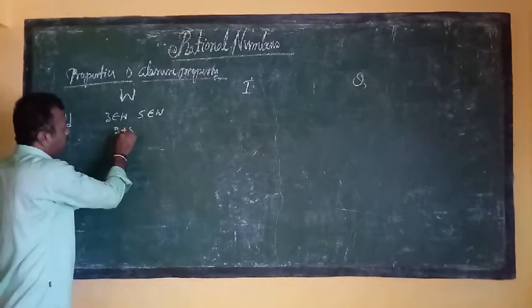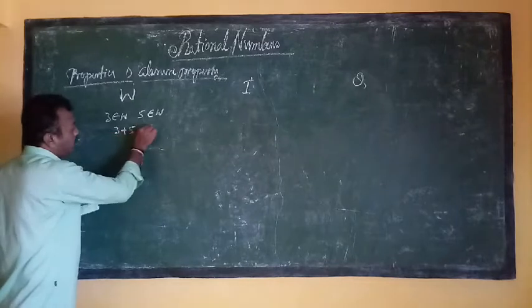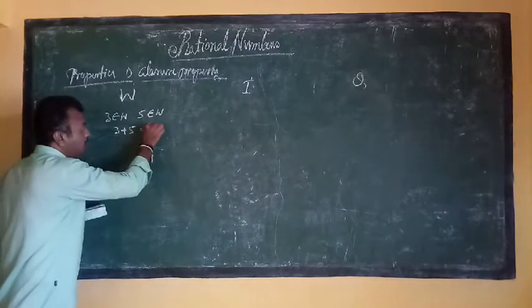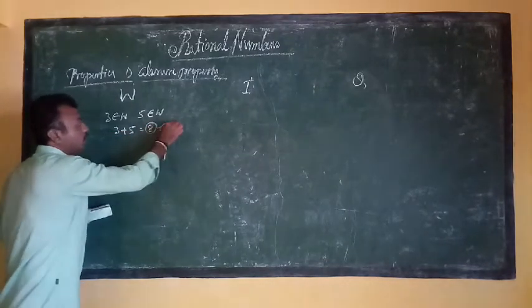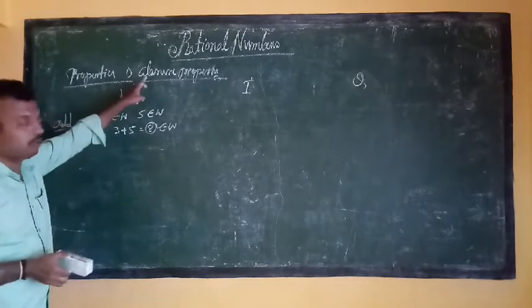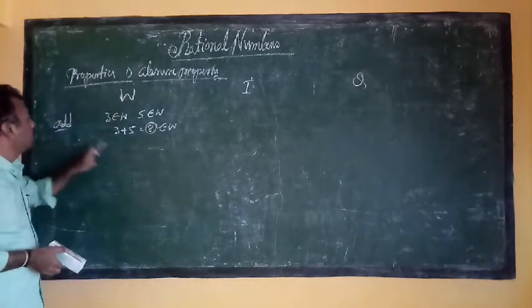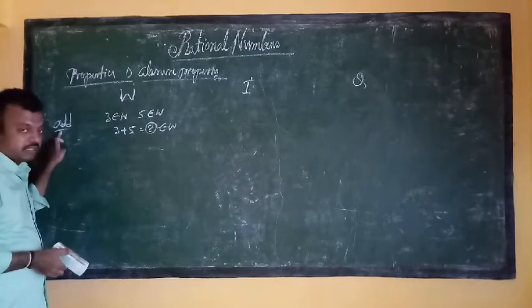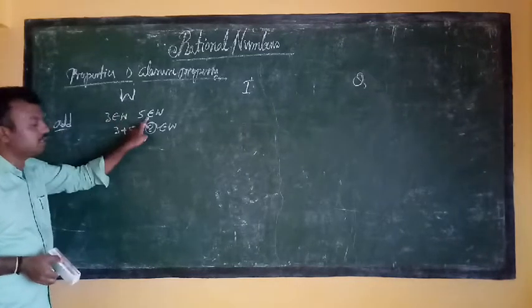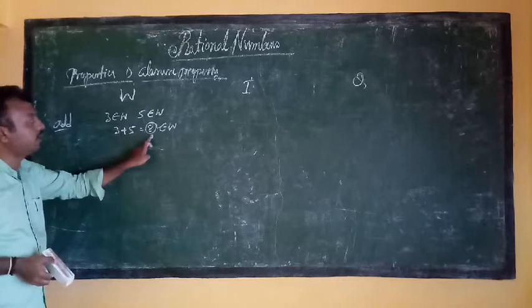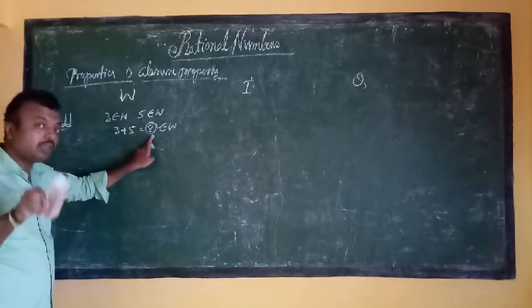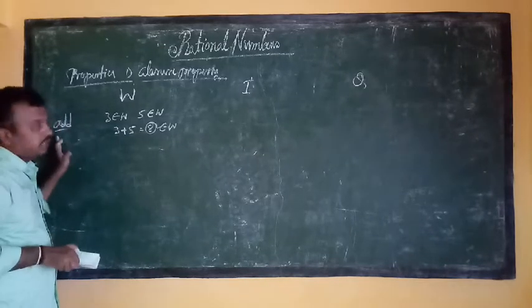So 3 plus 5, it becomes 8. This resultant number also belongs to the whole numbers. Then it is called closure property. Understand? Therefore, closure property of whole numbers is satisfied under addition, because 3 and 5 are whole numbers, I add them and the resultant number is also a whole number.